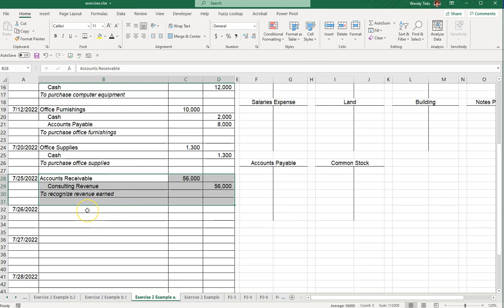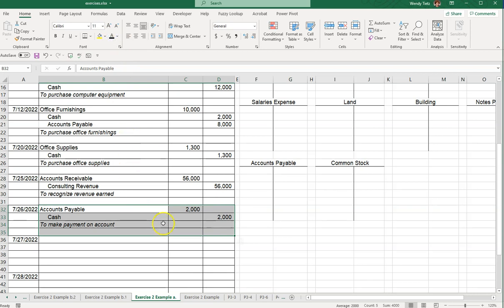July 26th, we mailed Kent Interiors the first installment due on the account payable for furnishings purchased on July 11th. Okay, so we'll reveal this one.